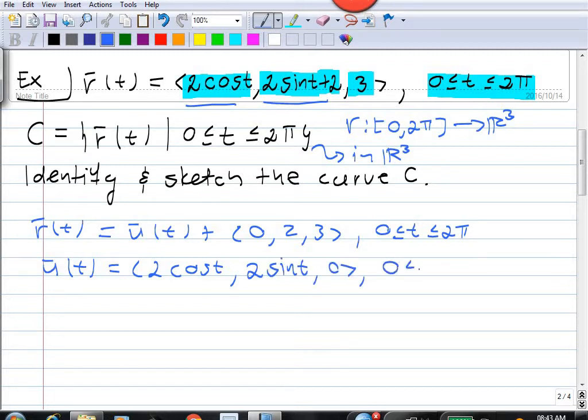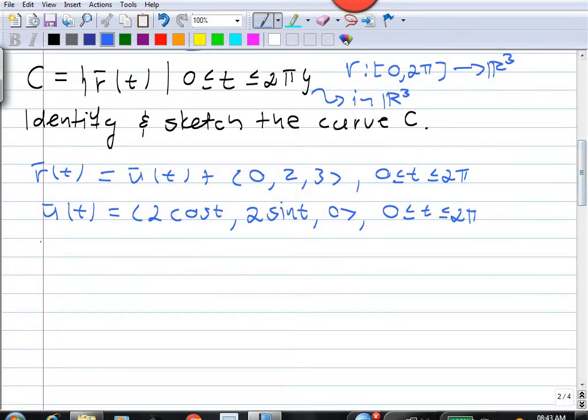And again, for t between 0 and 2 pi. Now, let's call K the range of u. So in other words, all the possible values of the vector function u. And again, because this is a three-dimensional vector function, this is going to be a curve in R3.